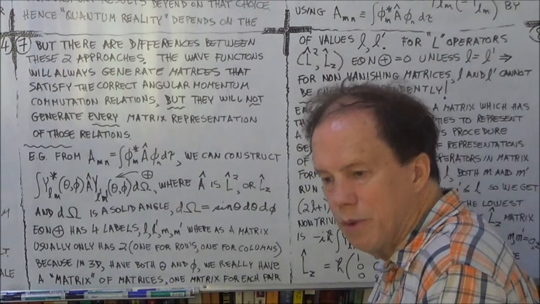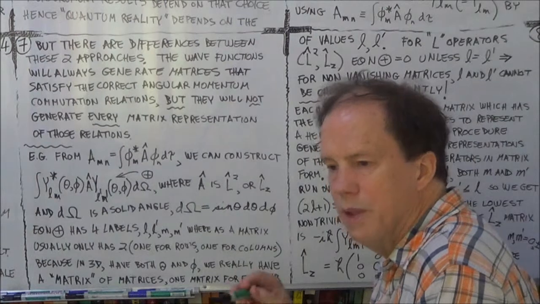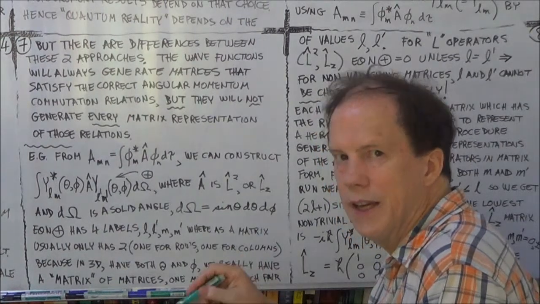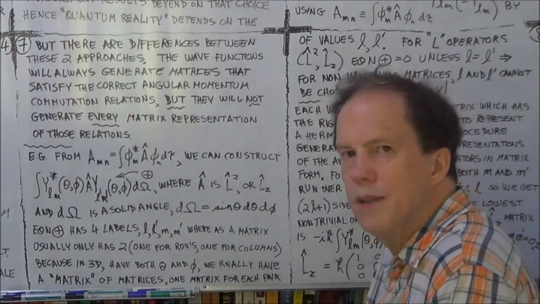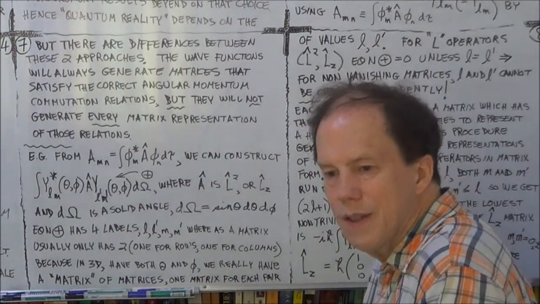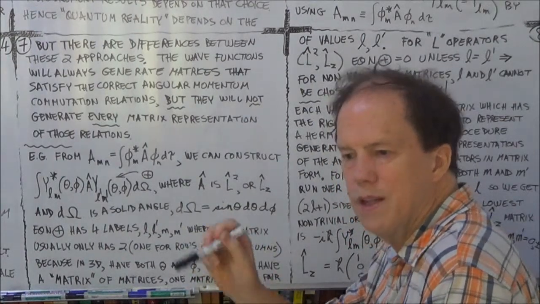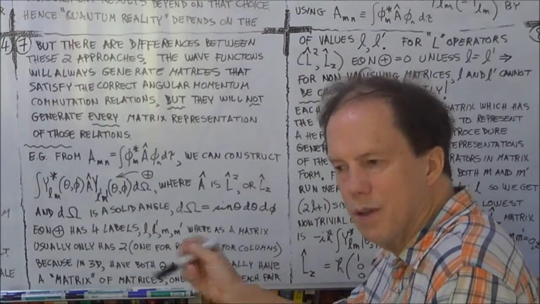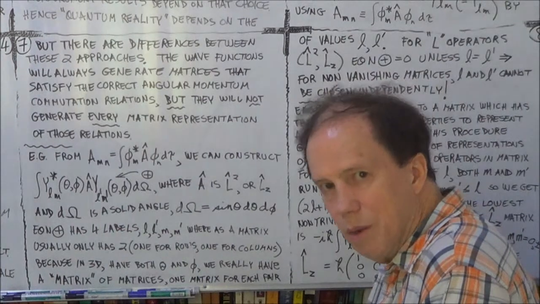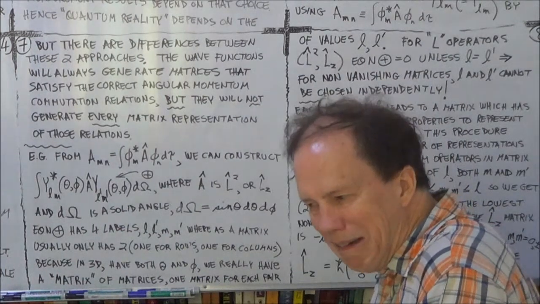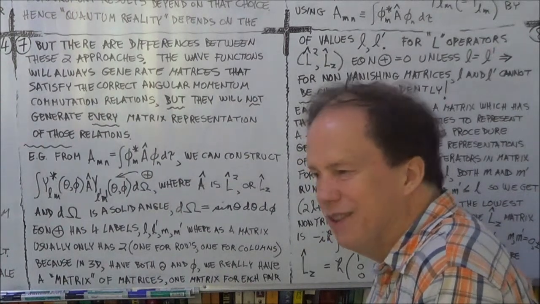So if you form the commutator of two operators A and B, that would be A hat B hat minus B hat A hat. The result would be equivalent to doing the same thing with the equivalent matrices: matrix A times matrix B minus matrix B times matrix A gives the matrix equivalent of doing the same thing with operators. I hope that's a long-winded verbal way of putting it.